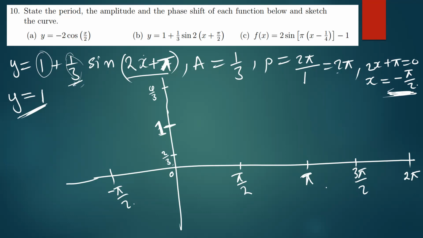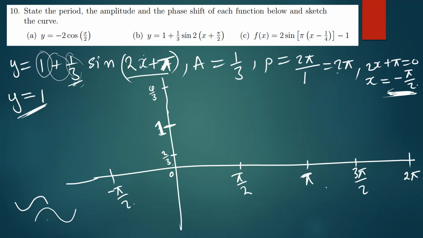Okay, so having found these points, we can now do the sketching. If you want, you can draw the table of values, but you can just observe the sign that is in front of the trig ratio. You even know how the curve is going to come out. So we know that a sine curve is always like this when it's positive in front. Then when there's a negative in front there, it always starts like that.